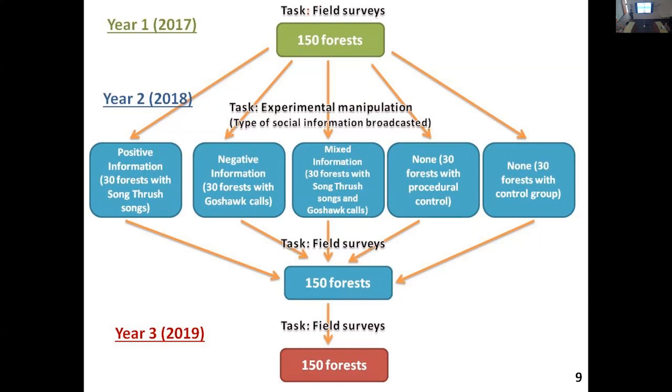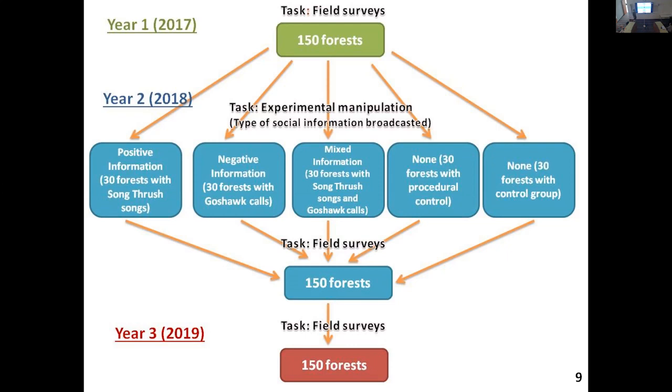In the second year of the project, before we did our surveys, we divided our 150 forests into 5 groups. On each of those groups, we had a different type of background: songs of the song thrush, songs of the goshawk, mixed songs of song thrush and goshawk, a procedural control, and forests with no broadcast whatsoever.